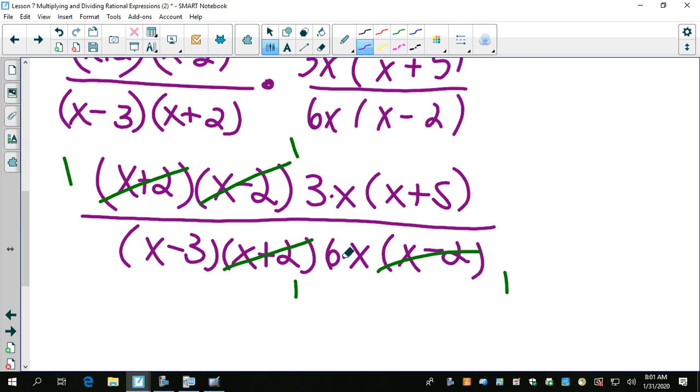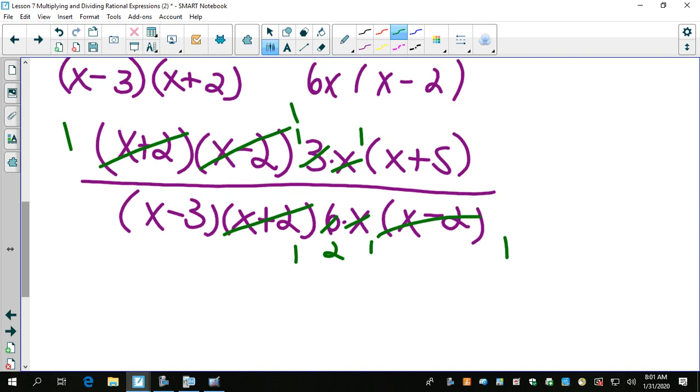Can I cancel it out? Yep. 3/6, could you make that into 1/2? Yep, the 3/6 you can make into 1/2. And is there anything else I can do here? Doesn't look like it. So then multiply across all ones except for x plus 5.